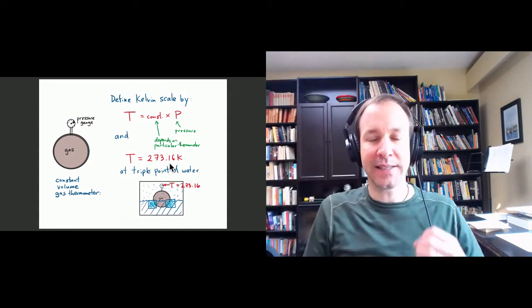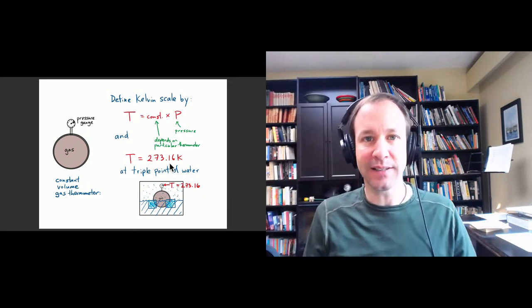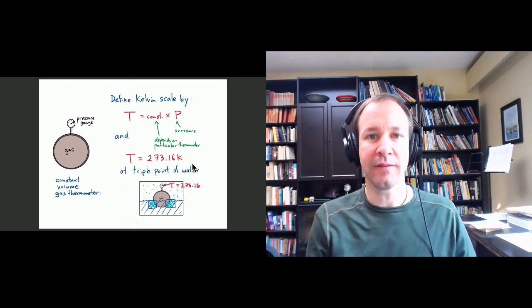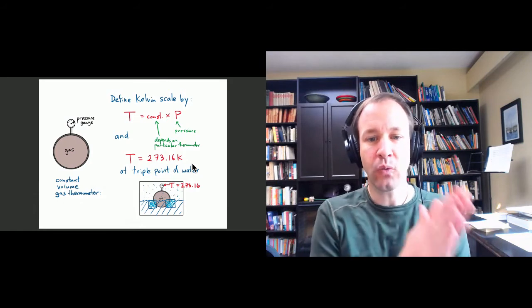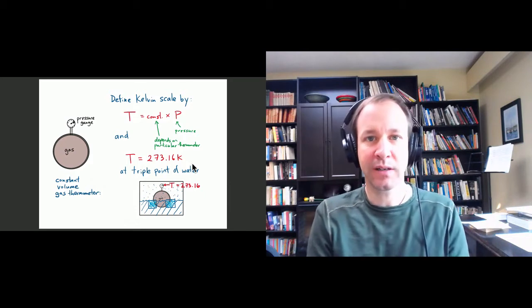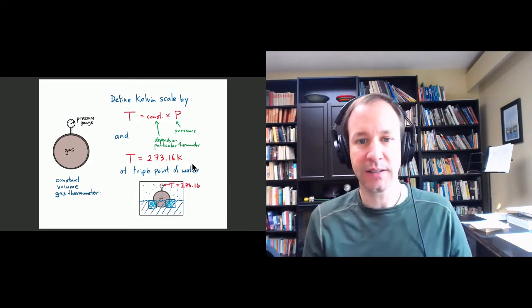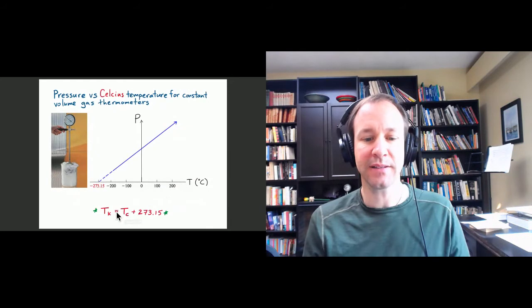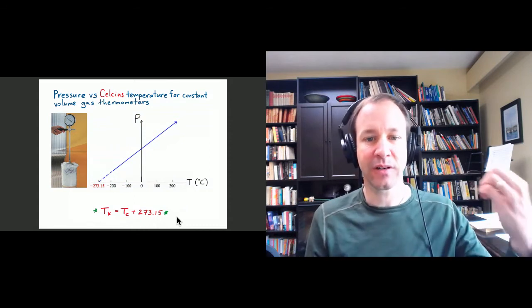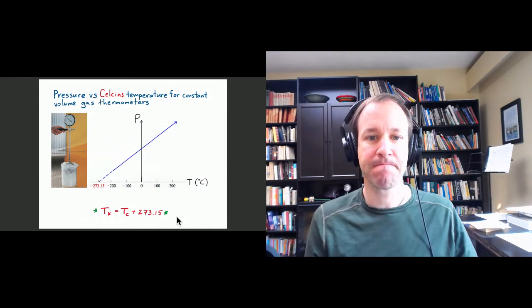So it's the same temperature difference as in the Celsius scale. We choose this temperature so that a 1 Kelvin temperature change is equal to a 1 degree Celsius temperature change. The two scales are different and you have a formula that relates them, but the changes in temperature when measured in Kelvin or degrees Celsius are going to be the same.